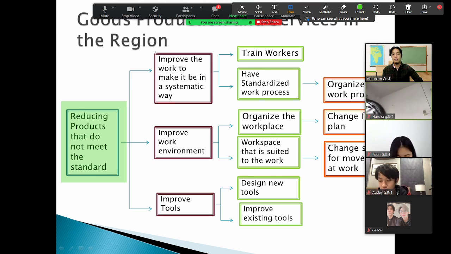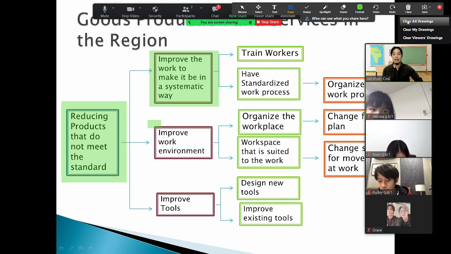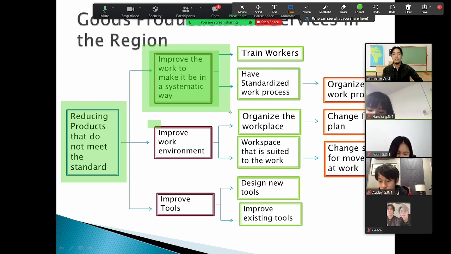First, we need to improve the work to make it be in a systematic way. When they say systematic way, there is a process that should be done before you start. There is a plan, and you need to follow the plan. You cannot proceed to step 2 without doing step 1 properly, otherwise you would just be wasting the product.